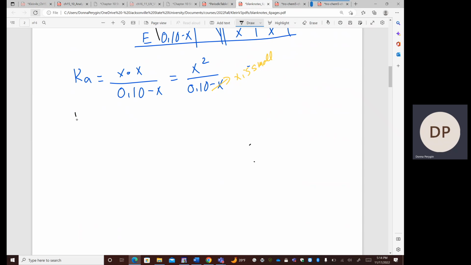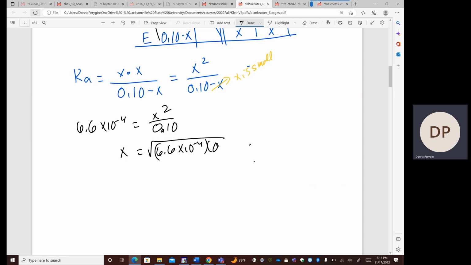So let's go ahead and rewrite it. Our K, 6.6 times 10 to the minus 4 is equal to X squared over 0.10. So X is equal to the square root of 6.6 times 10 to the minus 4 times 0.10, which is equal to 8.12 times 10 to the minus 3.